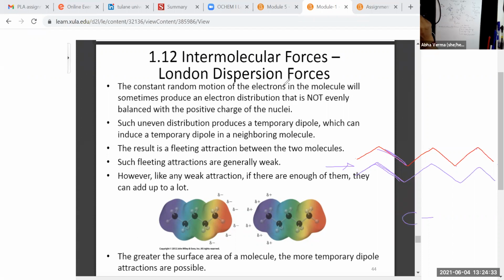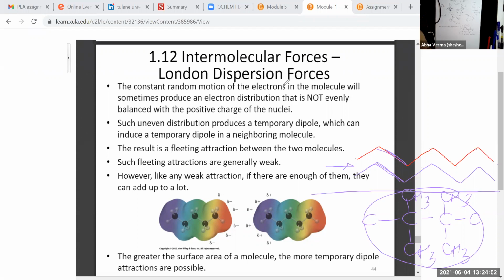But instead, if I have a branched structure, CH3, CH3, CH3, CH3. Let's say I did branching of my 7 carbons and it gets a spherical shape. Which do you think will be easy to boil off?